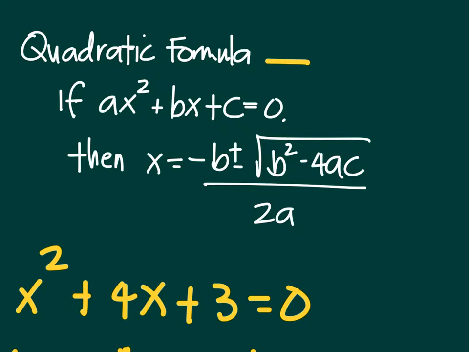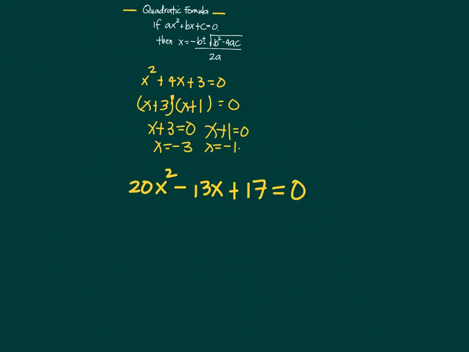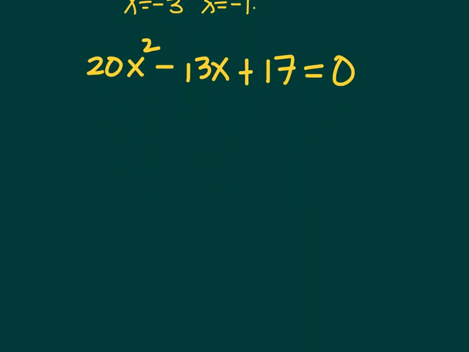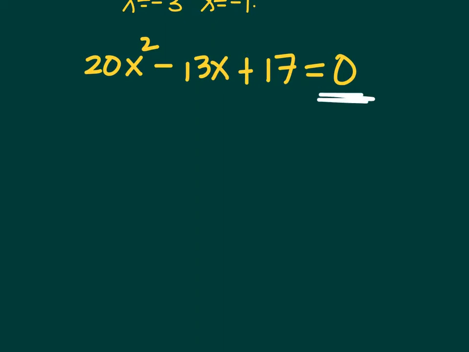So let's see. Let's go back to 20x squared minus 13x plus 17 equal to 0. Before we apply the quadratic formula, there are things you have to ensure. The other side is equal to 0. It could be on the left, it could be on the right, it doesn't matter. What is important is that the other side is equal to 0.